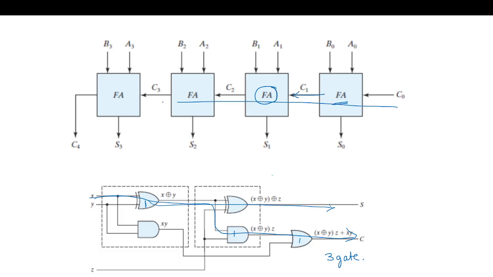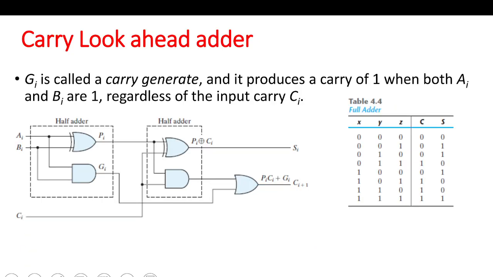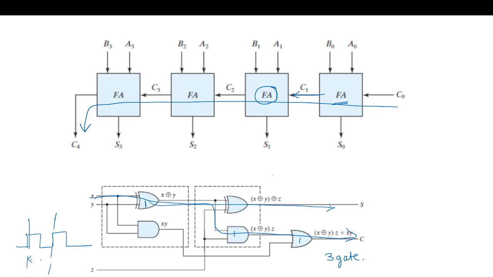So this will be the path. If we consider each as 1 gate delay, that means 3 nanoseconds of delay, and the time period should accommodate this 3 nanoseconds.